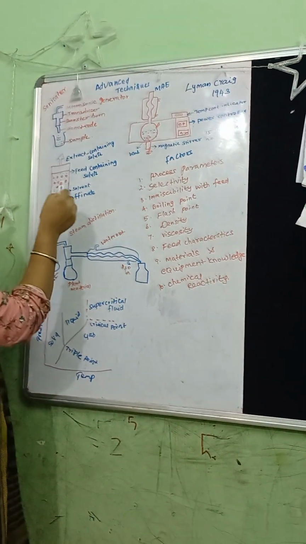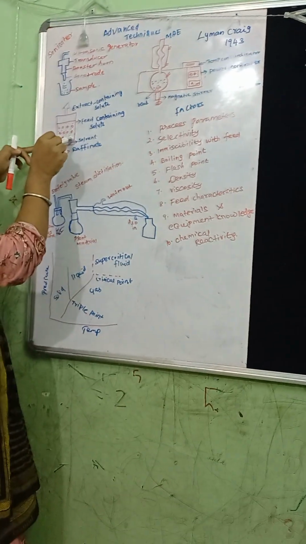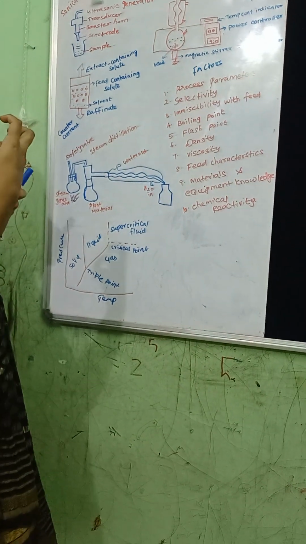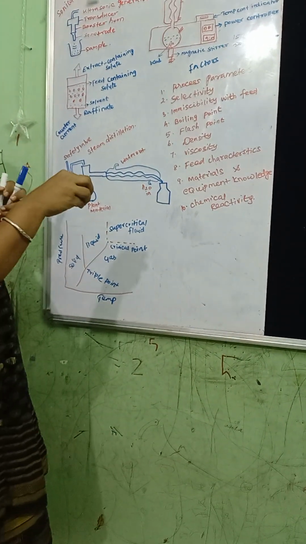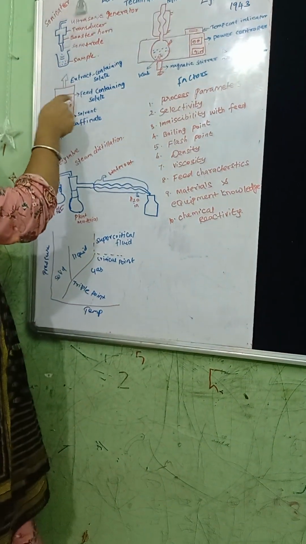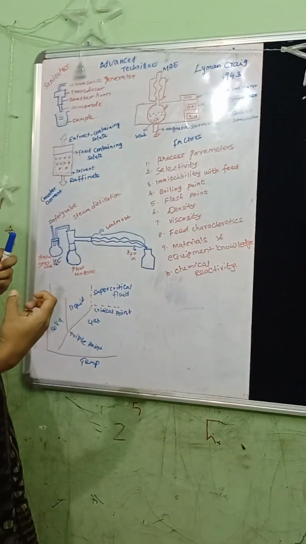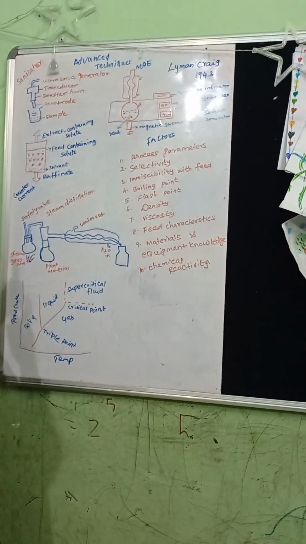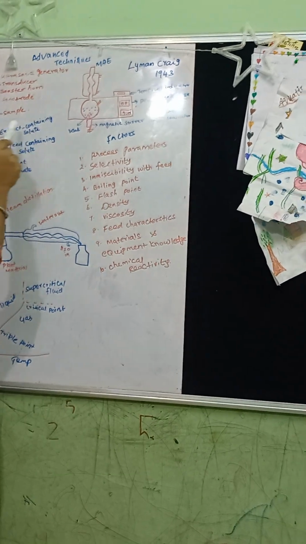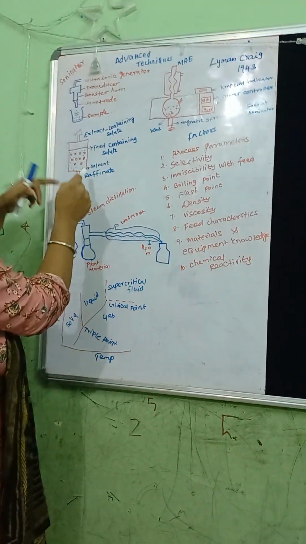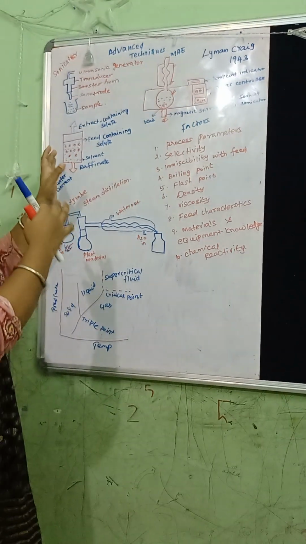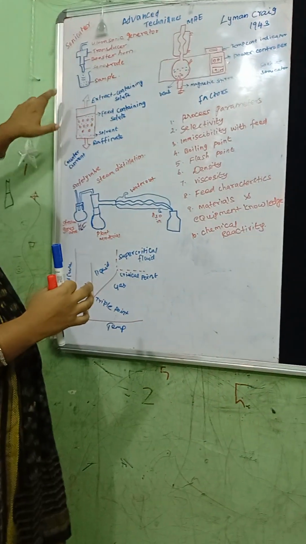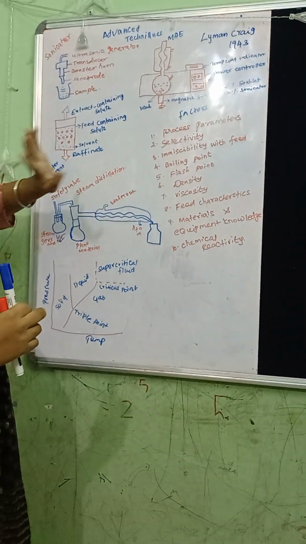Here we are giving the solvent and the feed. Feed means whatever we have to extract. For the requirement we are giving the solvent to the feed to get the drug target. So this is the extract containing the solute. The raffinate means the waste particles coming out from this Craig equipment. That is called the raffinate.